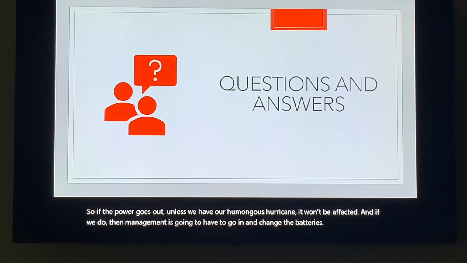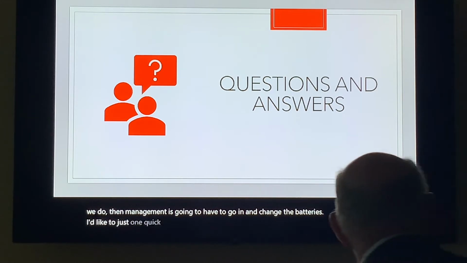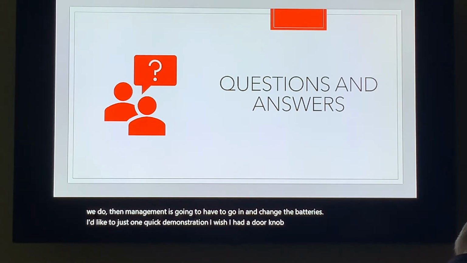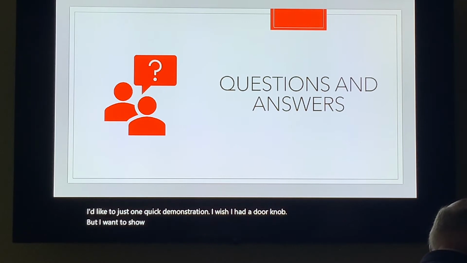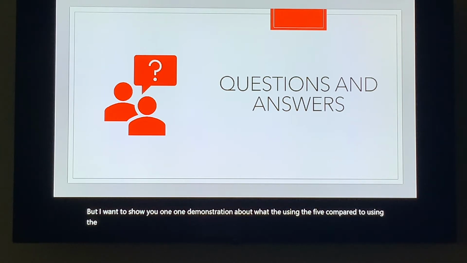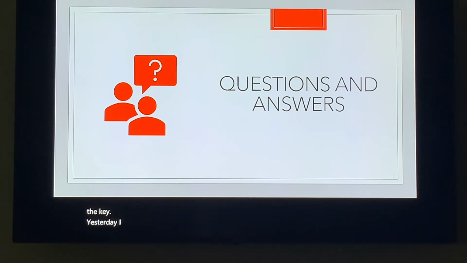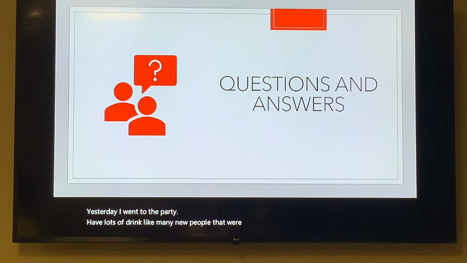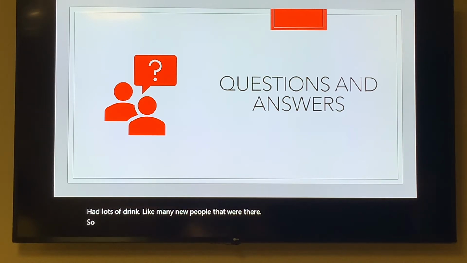I'd like to give one quick demonstration. I wish I had a doorknob up here. I want to show you what using the fob is like compared to using the key. Yesterday I went to the party, and I had a lot to drink, like many of the people that were there. When I came back and had to open the door, I used the key.